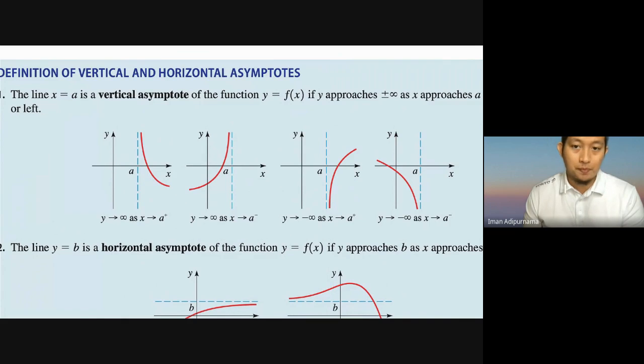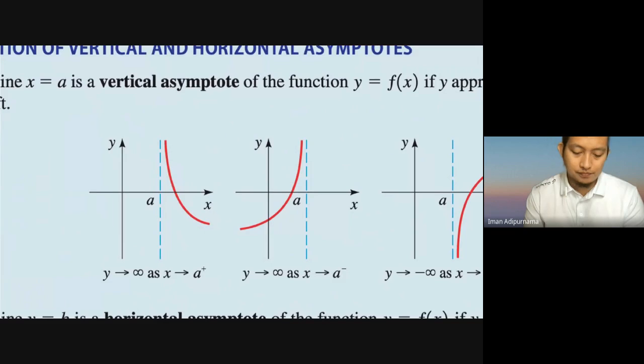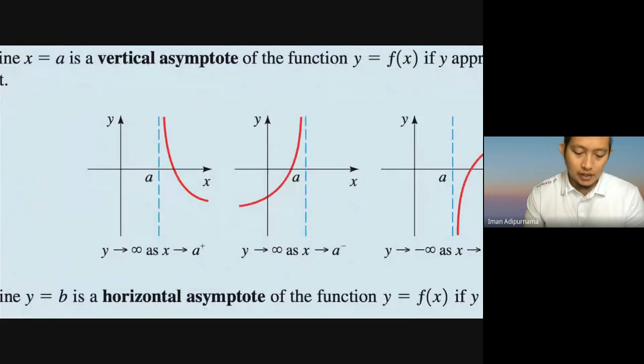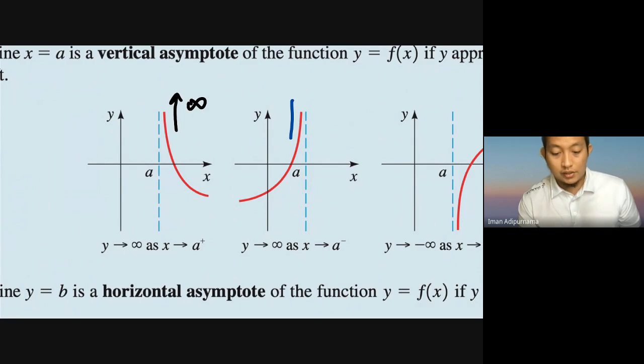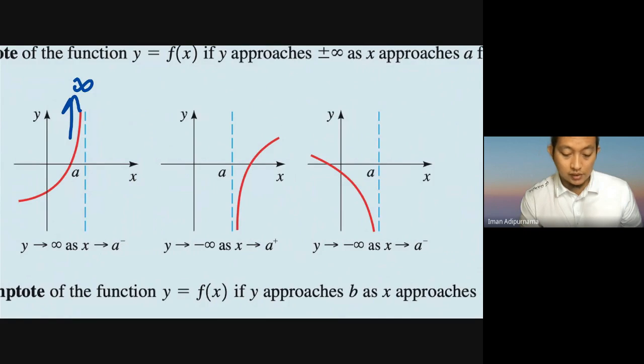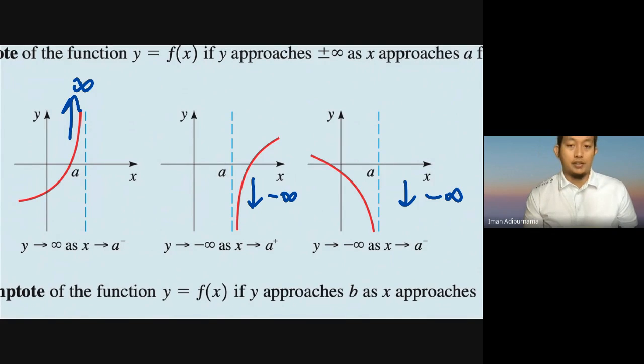When you look here, as x approaches a from the right, it's going up, getting bigger. Also, as x approaches a from the left, it's also getting bigger. And we can see the other case that is going down, getting negatively large, or negative infinity.